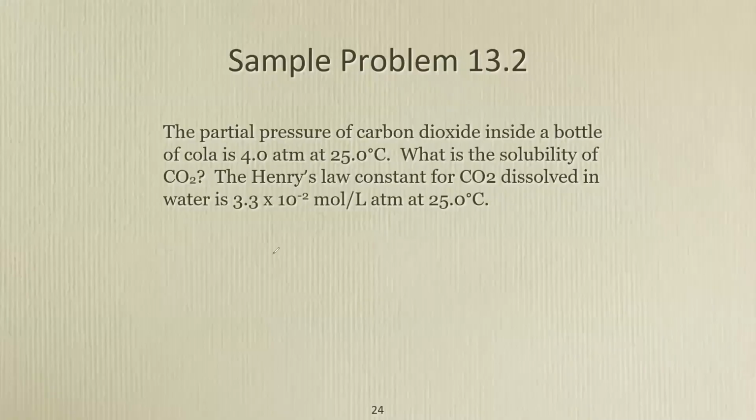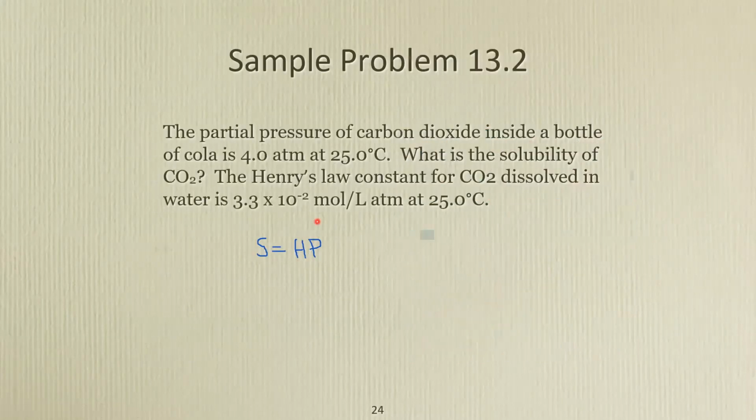All right. So with this one, we want to remember solubility. Henry's constant, although I think actually on the previous slide, the textbook uses K as the Henry's law constant.